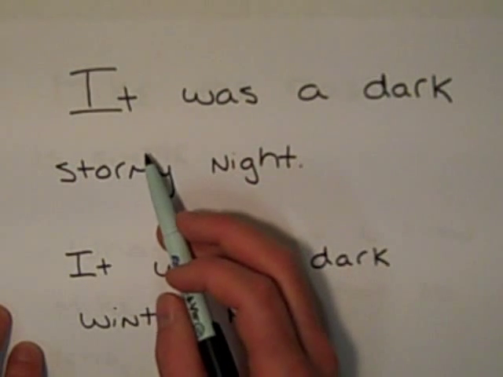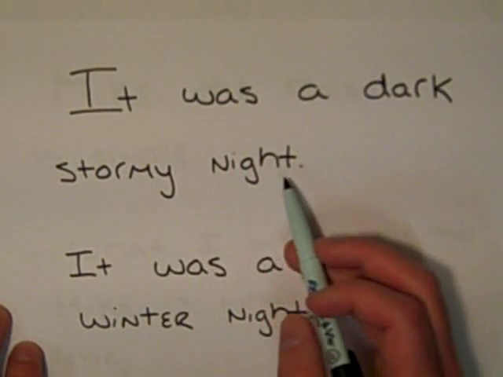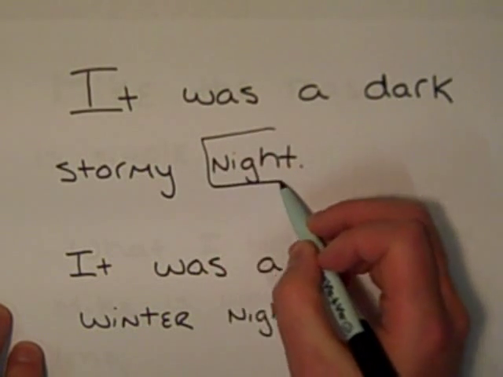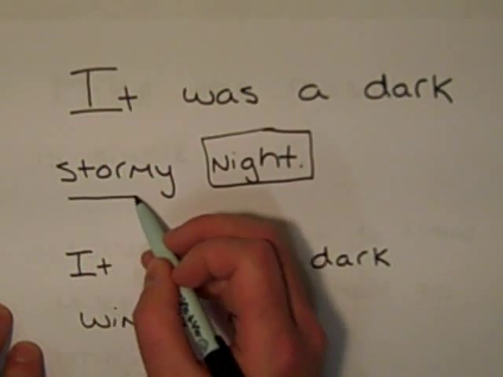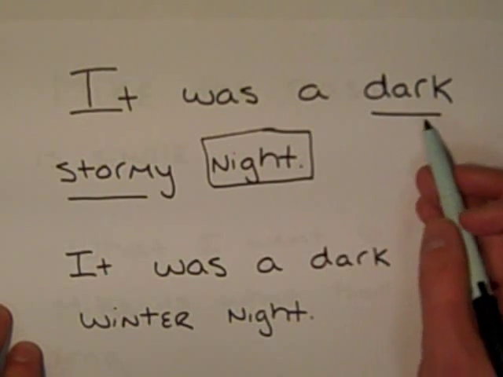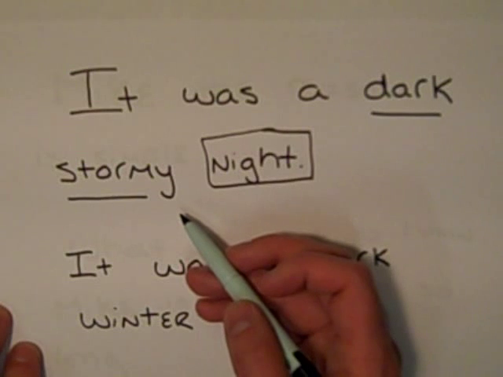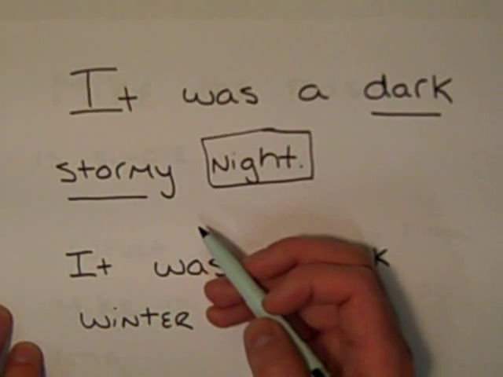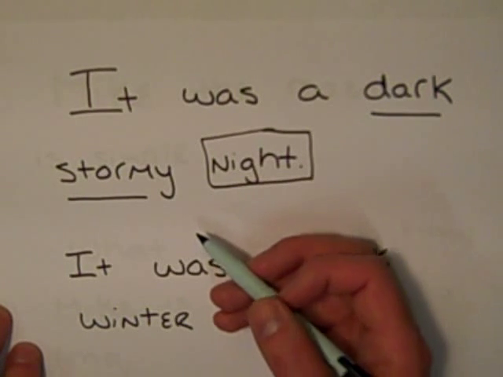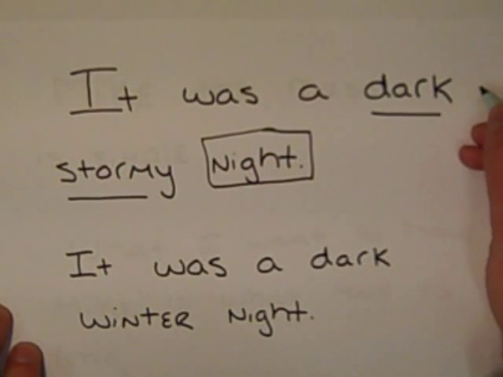In this first sentence here, it was a dark, stormy night. Night is the noun, and we have two adjectives that describe that noun. The night is dark and the night is stormy. In order to check to see whether it's a coordinate adjective, you should try to put "and" in between.